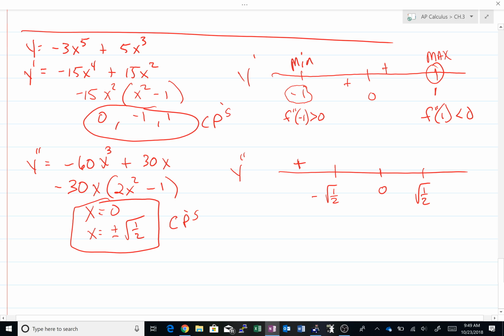Then 30 times, it's going to be about negative... Oh, I'm sorry, you have to go first derivative. Anything to the even power is positive. If I did negative 1/2, it's going to be basically negative 15 halves.